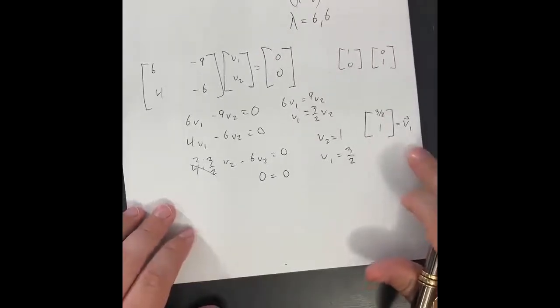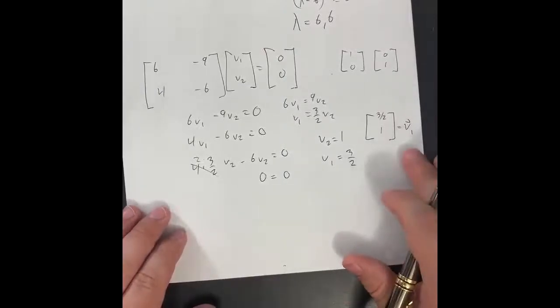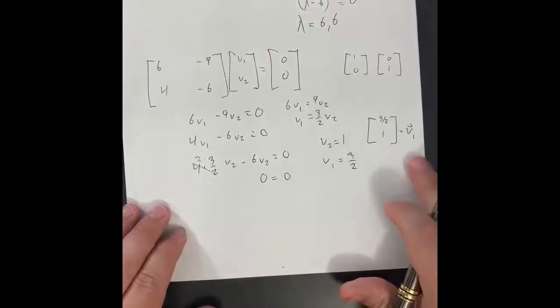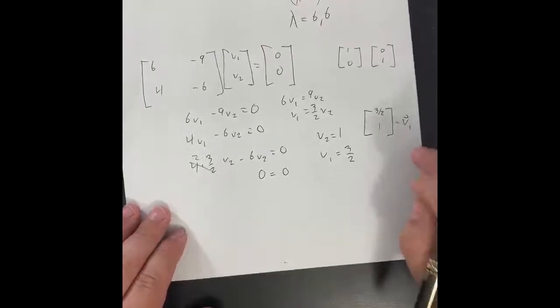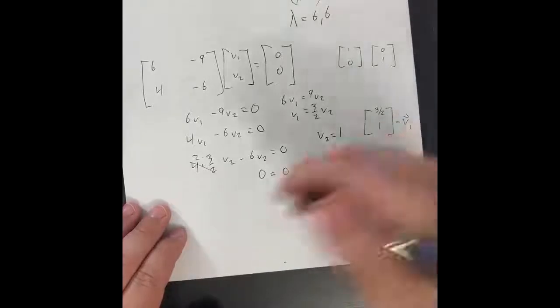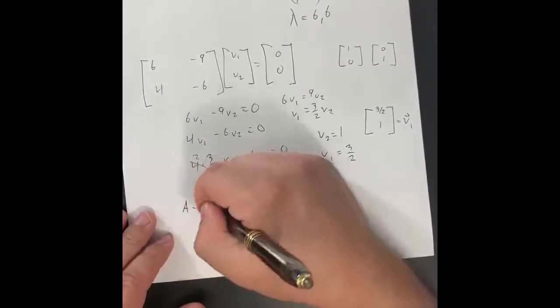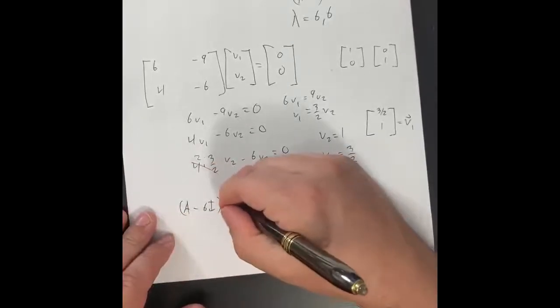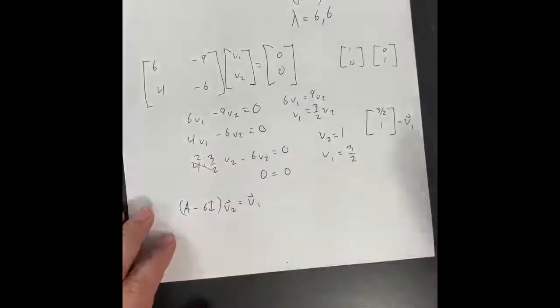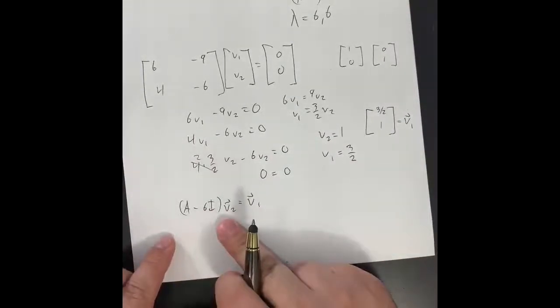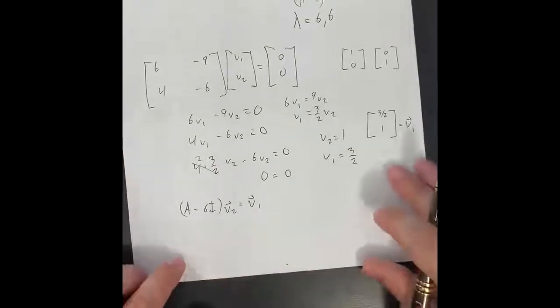As I said before, we need to somehow find another solution that's linearly independent. How do we do that? This tells us part of the solution. The other part of the solution is that we now need to solve A minus 6 times I times v2 equals v1. We take our eigenvector we had before, move it to the right-hand side, and resolve the equation. That's going to give us v2. Let's do that and see how that happens.